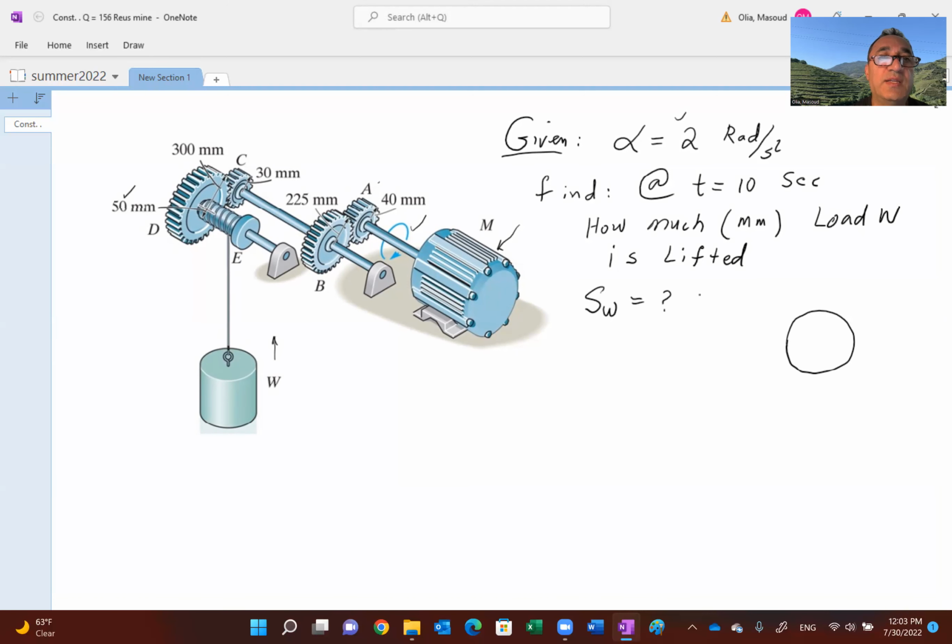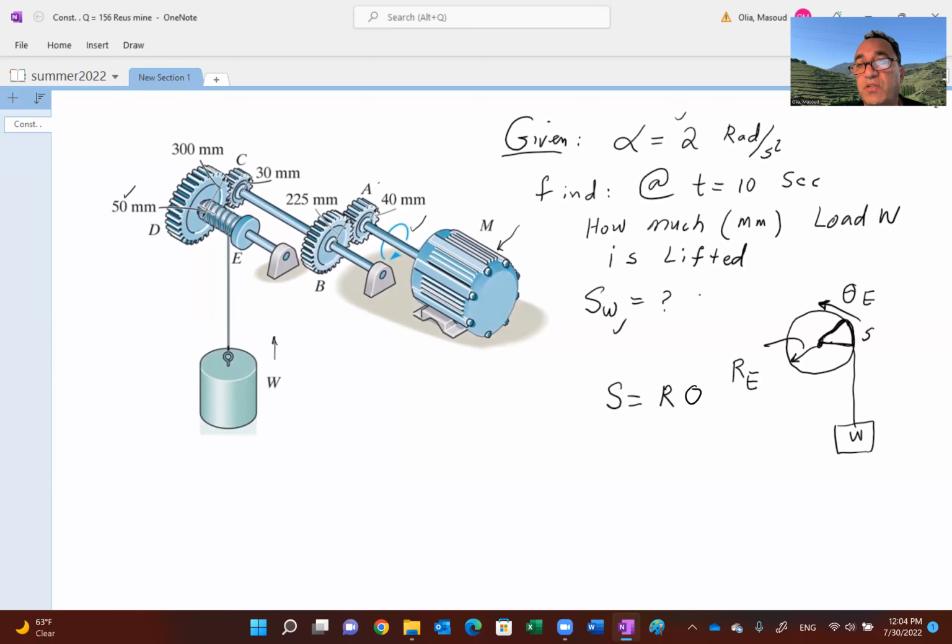And of course, that spool is also a shaft which is attached to gear D. So in a simple way, this is the radius of that shaft or spool. If I could figure out how much this guy rotates, you know that this arc length represents this S, and from simple geometry that is simply R times theta.